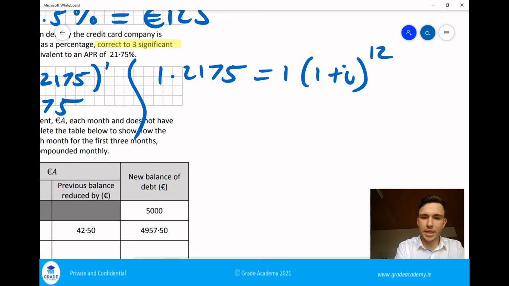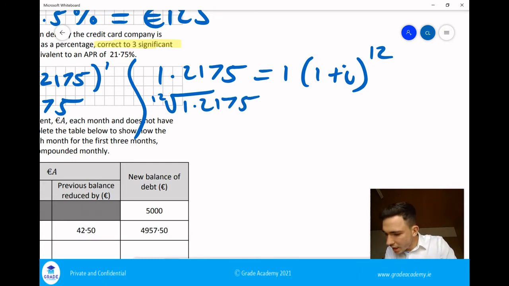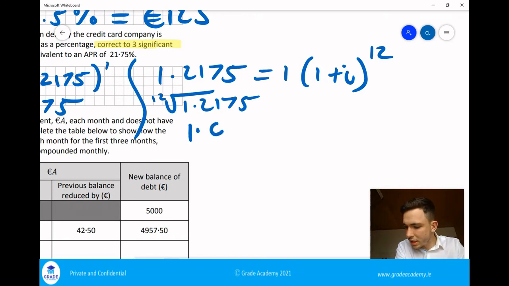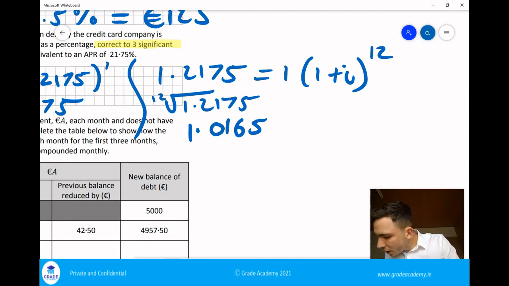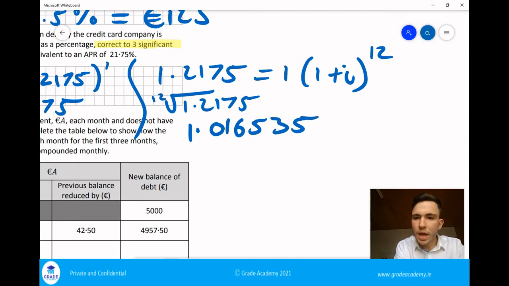So all we need to do now is find the 12th root of 1.2175. So that's going to equal 1.016535, and that's going to be equal to 1 plus i.